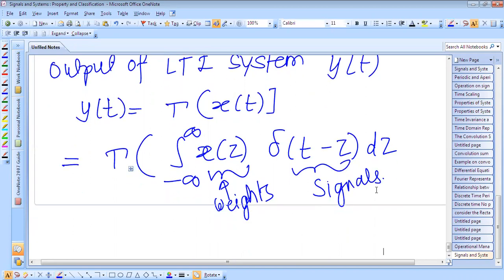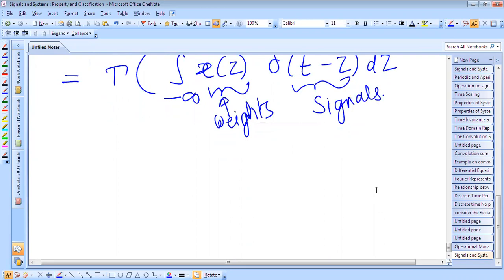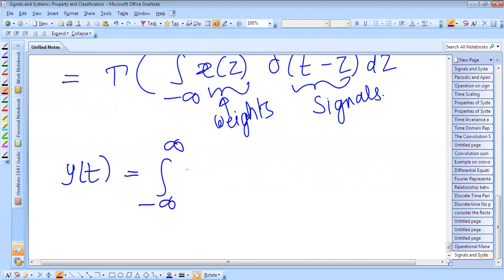So we can write here y of t, that is the output, is a linear combination of outputs. So minus infinity to infinity x of tau T of delta of t minus tau d tau.